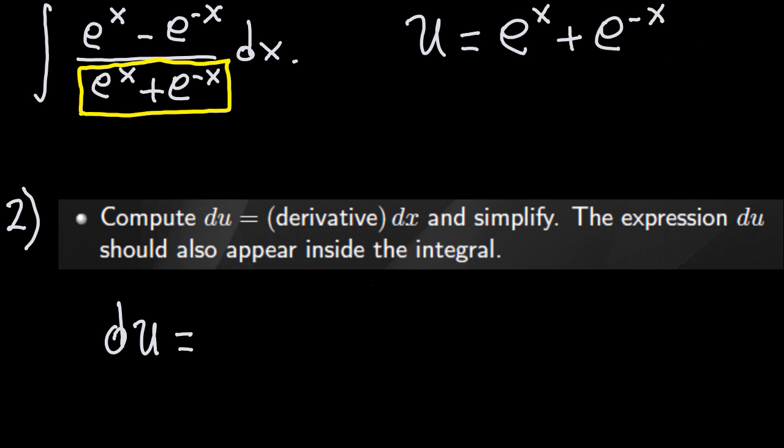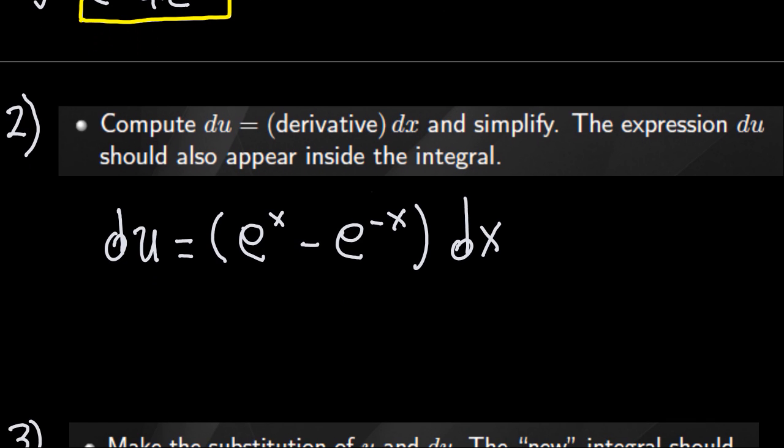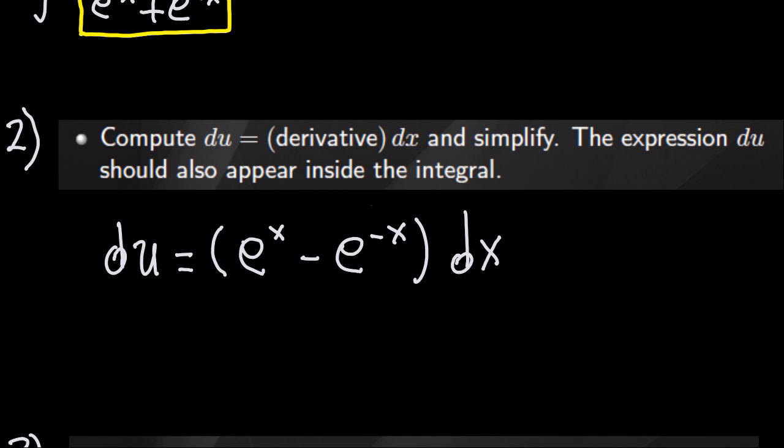The derivative of e to the x is of course e to the x again. I'm going to put that in parentheses because I'm going to add the dx at the end. And the derivative of e to the negative x is negative e to the negative x, and I multiply by dx. The reason it is like that is because there is a rule, remember. I'm going to put that rule here.